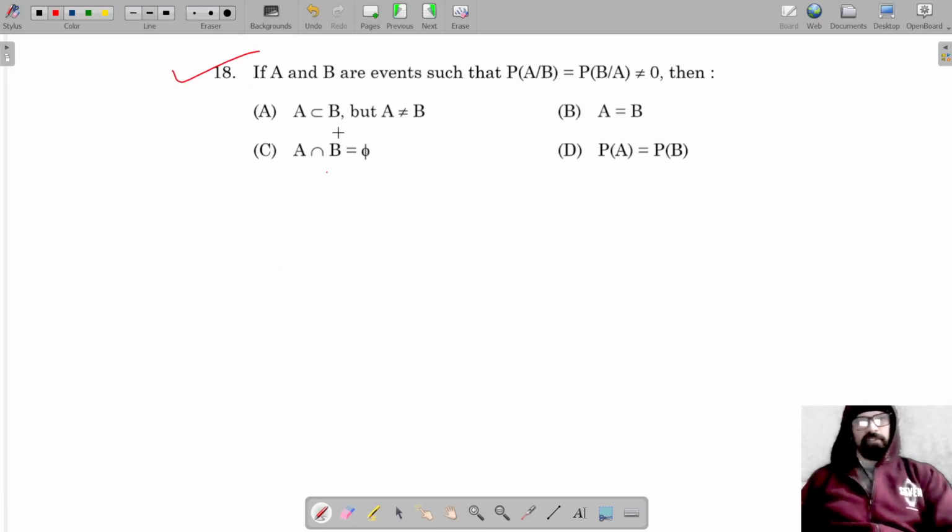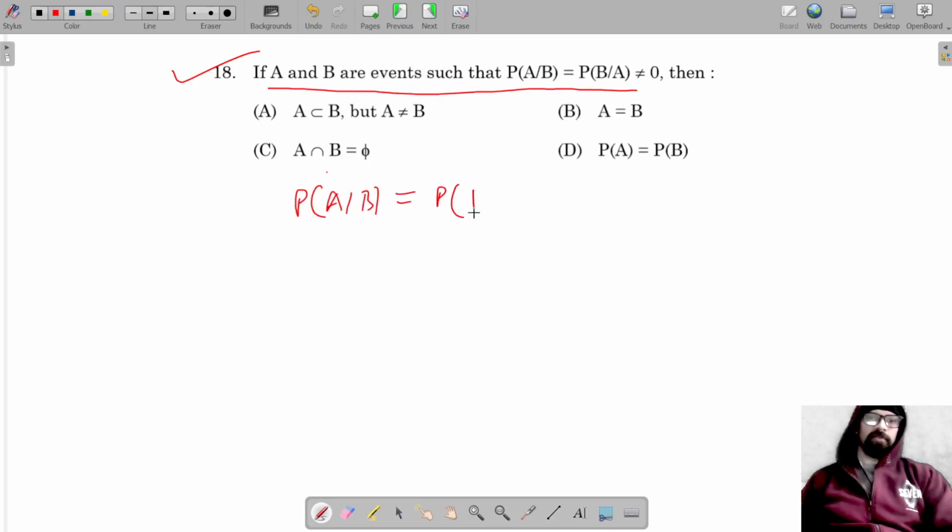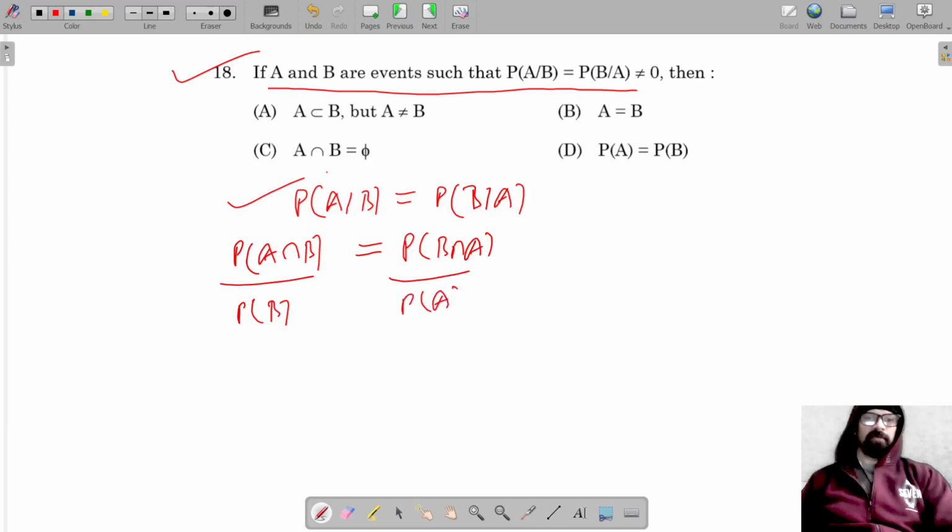Okay, for question number 18, it's given that A and B are events such that probability of A by B is equal to probability of B by A. Now we know the probability of A by B is probability of A intersection B by probability of B. Similarly, B by A is probability of B intersection A by probability of A. Now we know that A intersection B and B intersection A are one and the same thing.